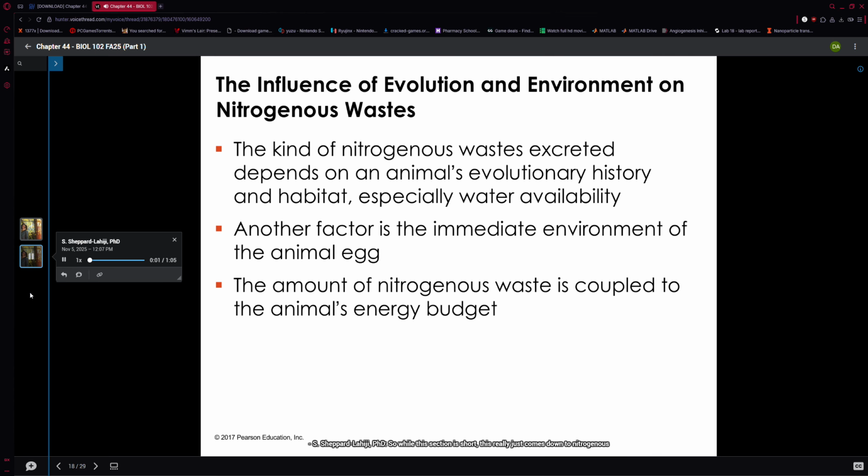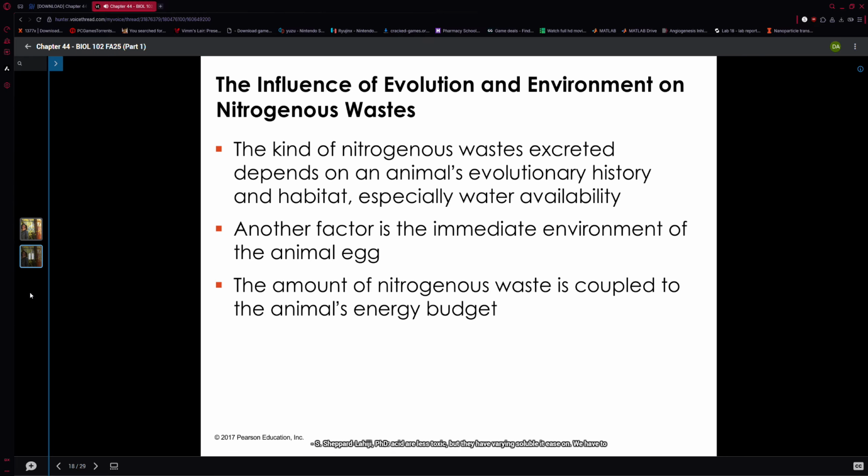So while this section is short, this really comes down to nitrogenous waste, understanding examples of nitrogenous waste, and based on their form, what that says about how the organism needs to dispose of it. Ammonia is very toxic. It must be removed pretty quickly.